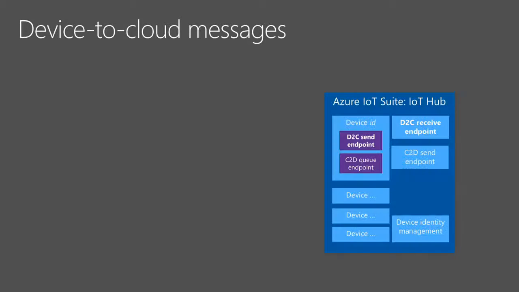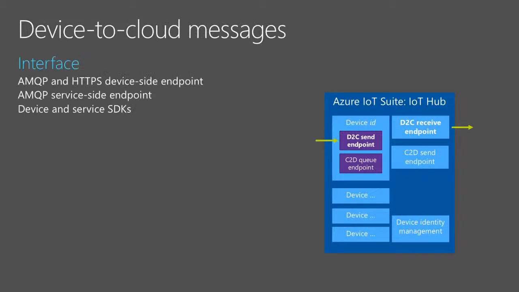Let's now go on to the device to cloud messages. These are, of course, handled through the device to cloud send endpoint on the device side and received on the receive endpoint. The interfaces that we're going to have when we ship are AMQP and HTTPS on the device side and AMQP on the service side.